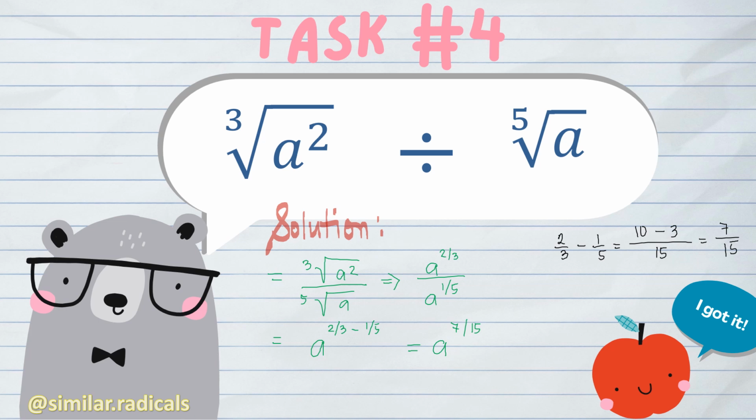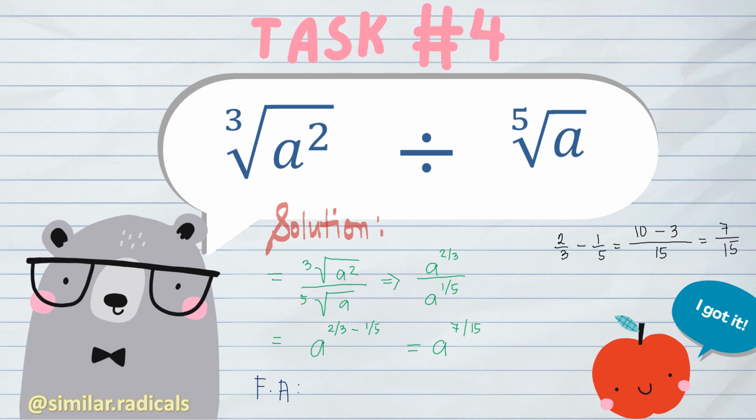In here, let's rewrite this a raised to 7 over 15 into radical again. So this would be our final answer in here.